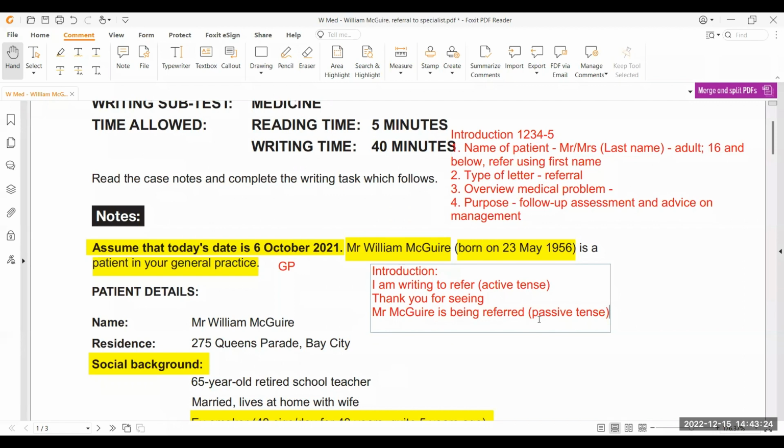Maybe the difference is that using the passive tense would probably give you a better mark for grammar, because passive tense is more advanced and also more formal. But again, the introduction is about the examiner wanting to know whether you've written the purpose.